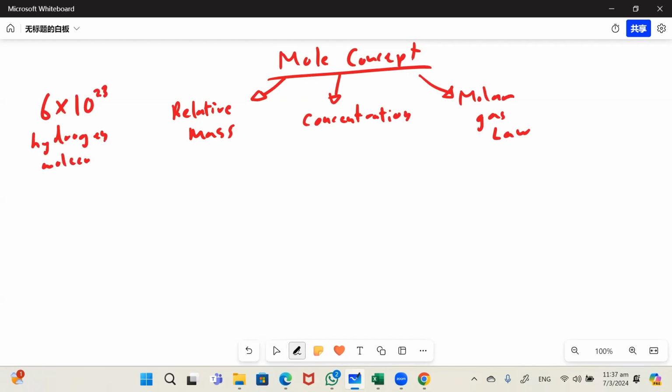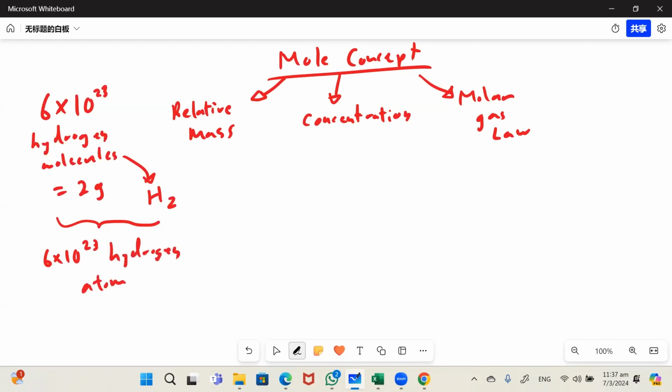Hydrogen molecules weigh exactly 2 grams. Hydrogen molecule is H2. Therefore, from here, the inference is 6 times 10 to the power of 23 hydrogen atoms is 1 gram.